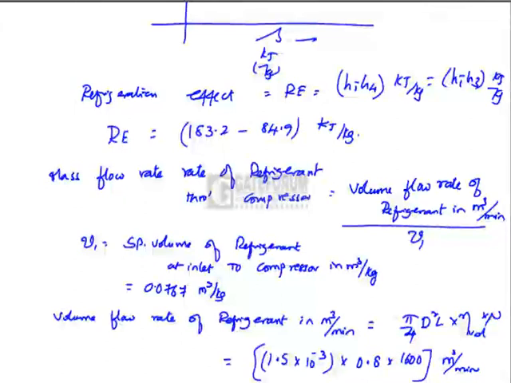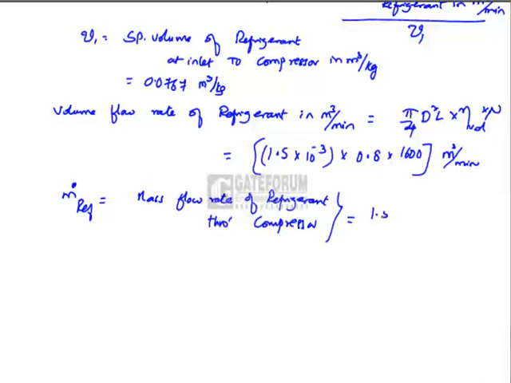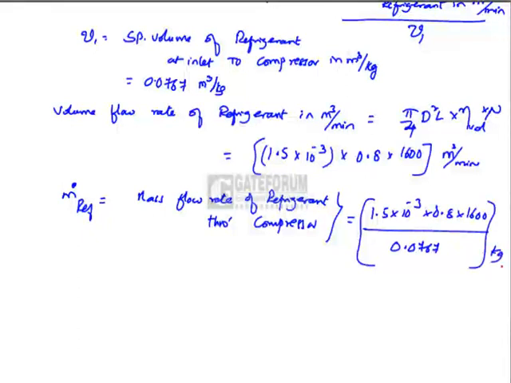Therefore, mass flow rate of refrigerant through compressor is equal to 1.5 into 10 power minus 3 into 0.8 into 1600 divided by specific volume at inlet of the compressor, so many kg per second.